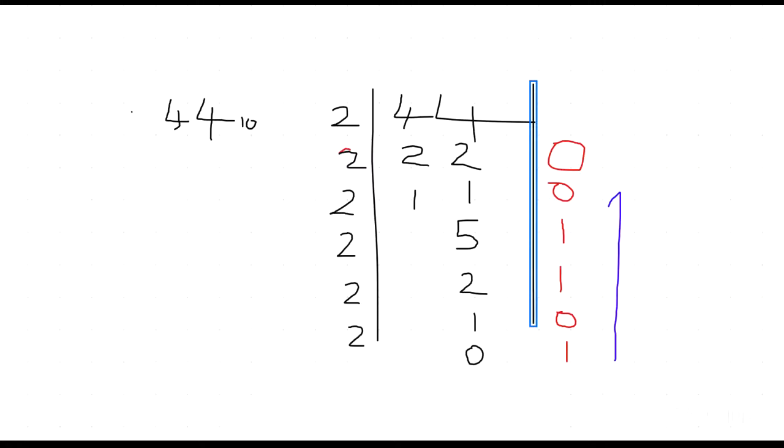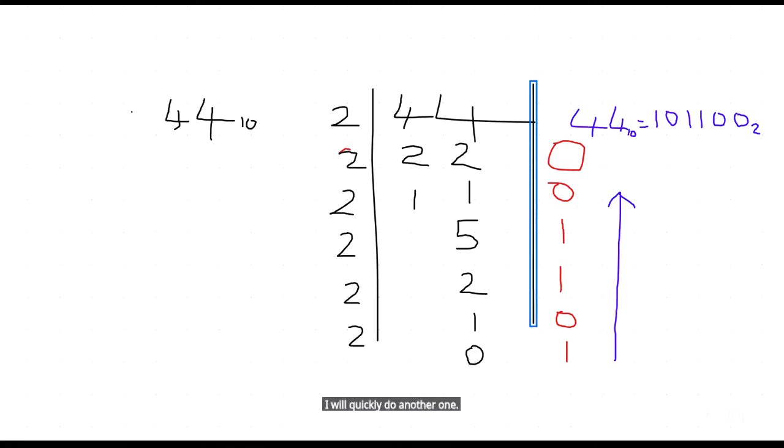So that will be 1, 0, 1, 1, 0, 0. I can put 2 here, meaning base 2. So 44 base 10 is equal to 101100.